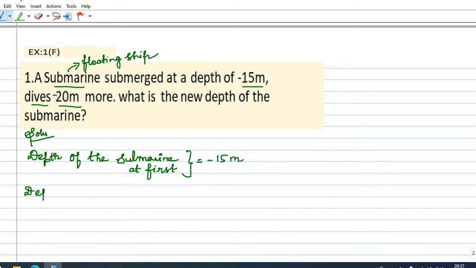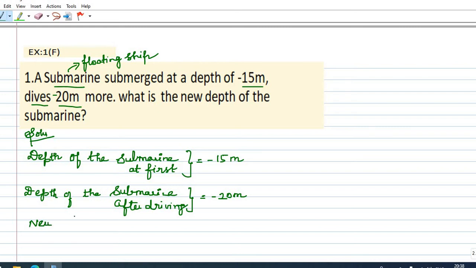Next, depth of the submarine after diving is what? After diving is what, children? Minus 20 meter. Now I am going to find out the new depth.